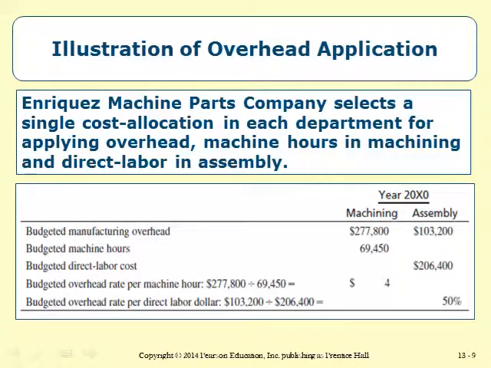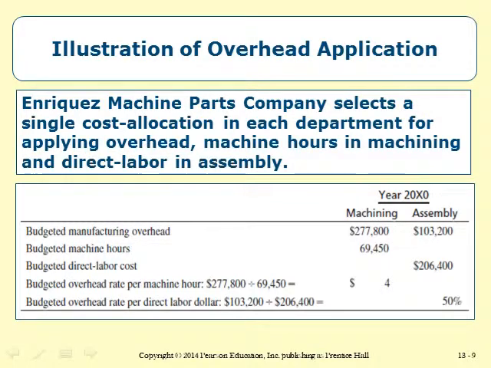So here we see in year 20XO two departments, machining and assembling. And we see that budgeted manufacturing overhead is budgeted at $277,800 for machining and $103,200 for assembly. We see budgeted machine hours for machining at 69,450.